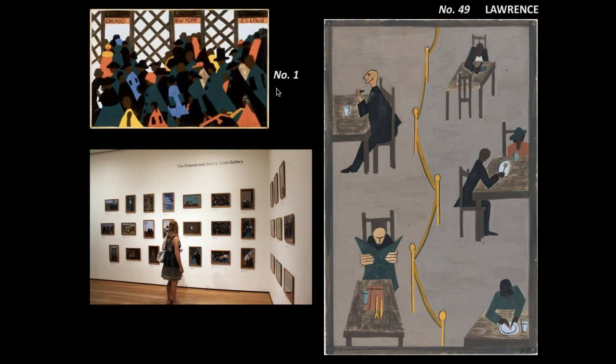The Lawrence family moved into Harlem in 1930, and before painting this, he spent months at the library researching the mass relocation of the African American community from the South to the North.